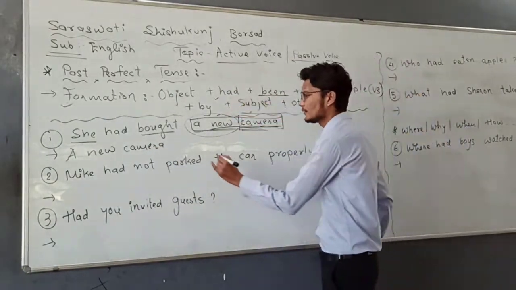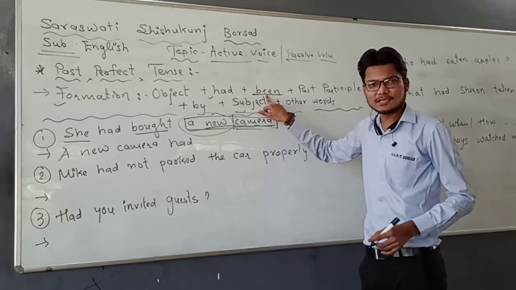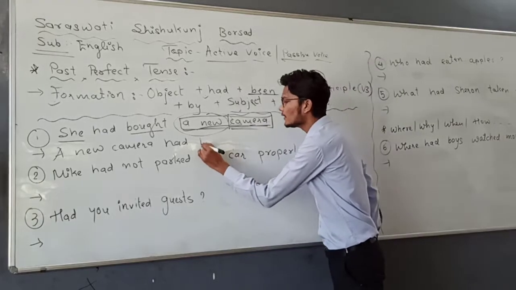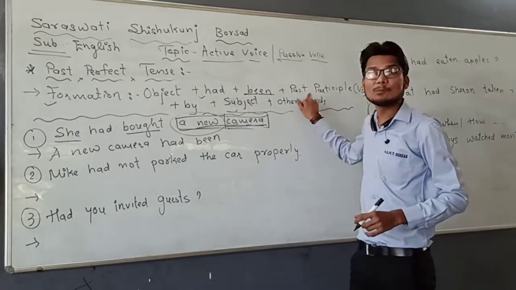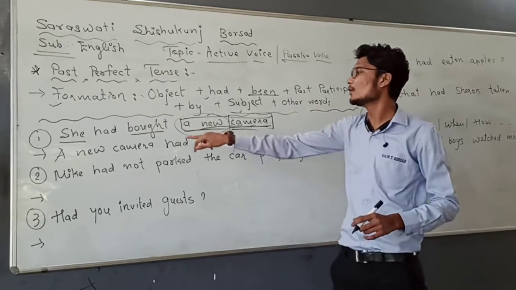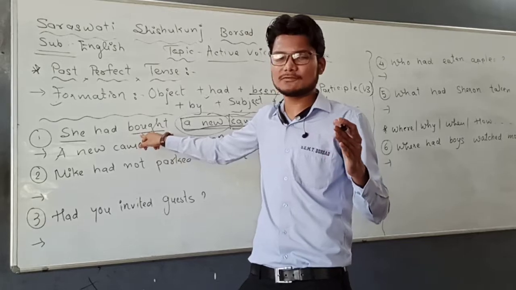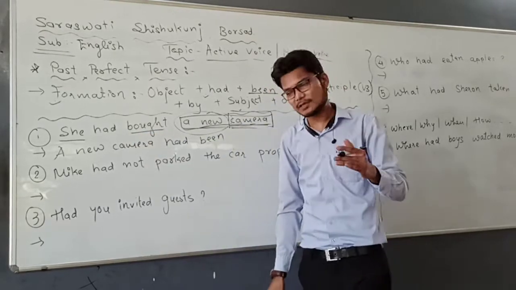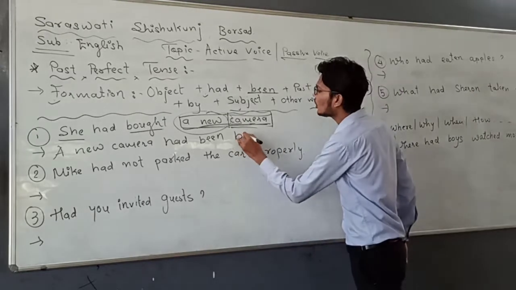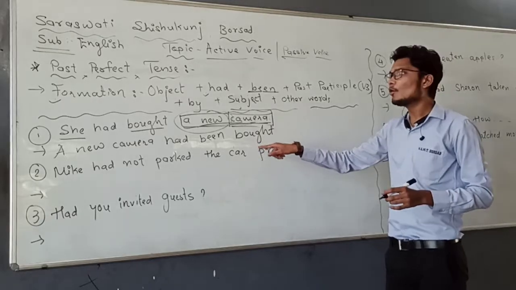That is had. After had, what we have to put is been. A new camera had been. Now, the past participle of the verb form. To buy is the main verb form, bought is the past form, and the past participle is also the same: bought. A new camera had been bought.